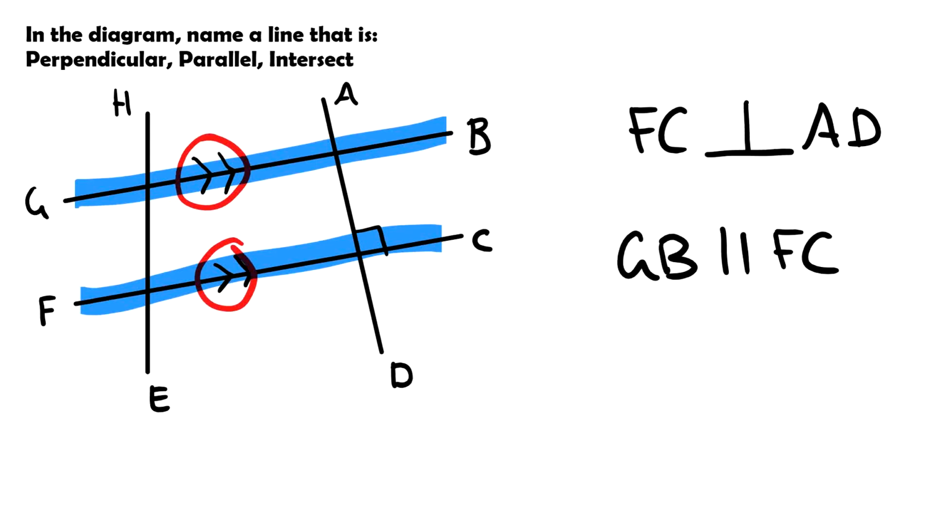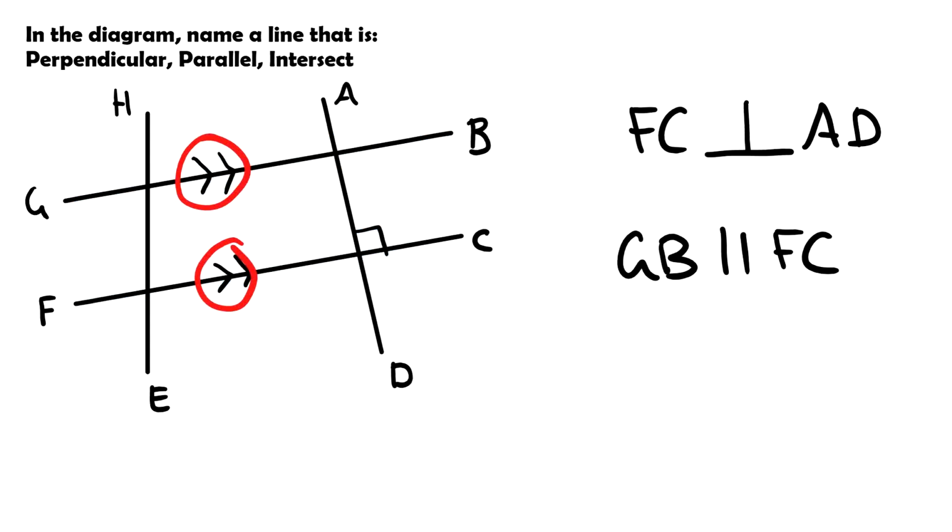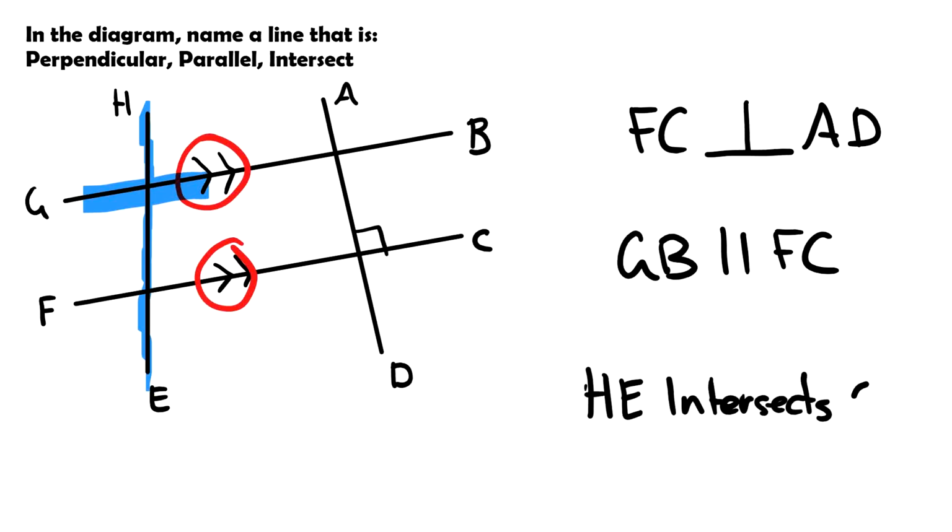That is a part of the rule for perpendicular lines. But let's mix it up and do something different. We're going to pick two lines that intersect at any angle. So what I could do is pick our H here, this line, and this line here. So we can say that line HE intersects GB.